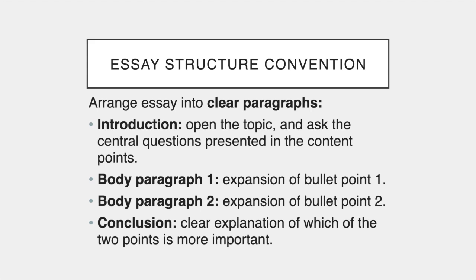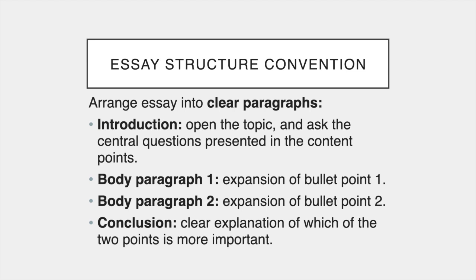Essay structure convention. Now, it is essential that you arrange your essay into clear paragraphs. It's usually 4. This contains an introduction. Now, this opens the topic and asks the central question presented in the content points. The body paragraph 1.